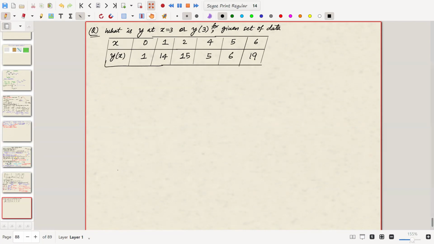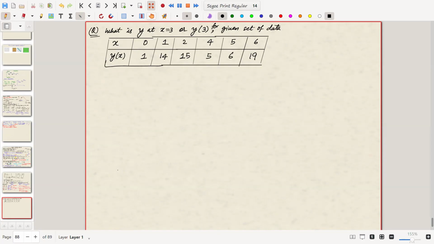So what I am asking you to do is, given these data points, how many data points? 6 data points. I want to find the value of y at x equals 3, which you don't know, but this lies between 2 and 4. And you can see these data points, are they equally spaced?